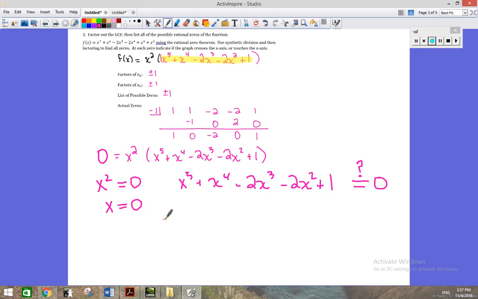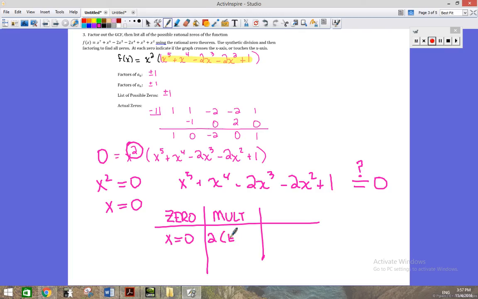So let's come back to that in just a second. For right now, I have a 0 at x equals 0. The multiplicity of that is 2 because my exponent right here is 2.